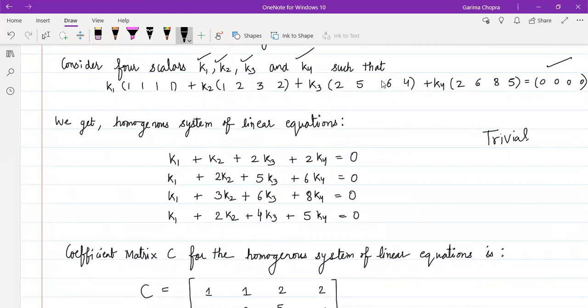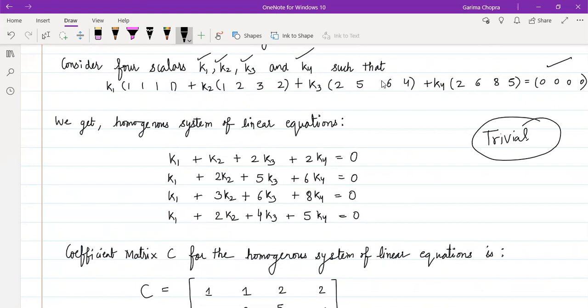In that case, we will not be able to find non-zero scalars, and the trivial solution implies that this is the case of independence. But if we get infinite solutions, in that case we will be able to get non-zero scalars k1, k2, k3, k4 so that this linear combination is the 0 vector, and that will be the case of dependence.